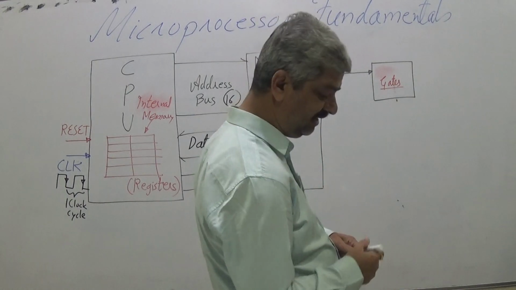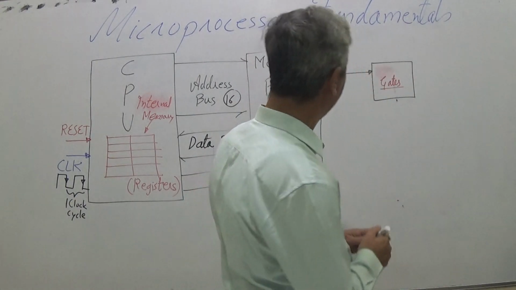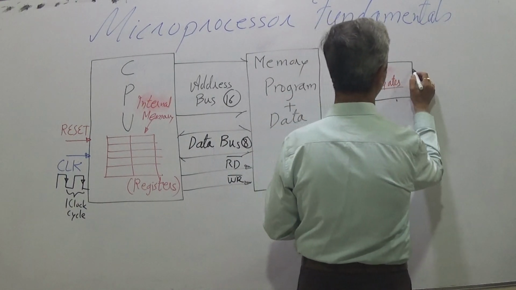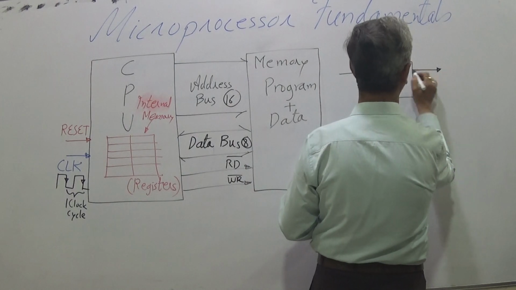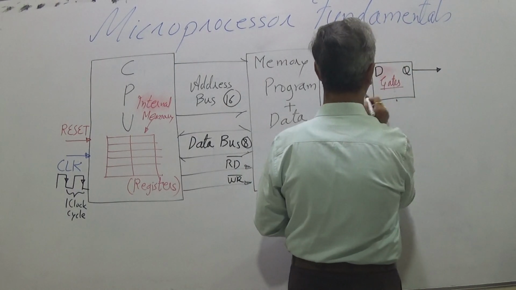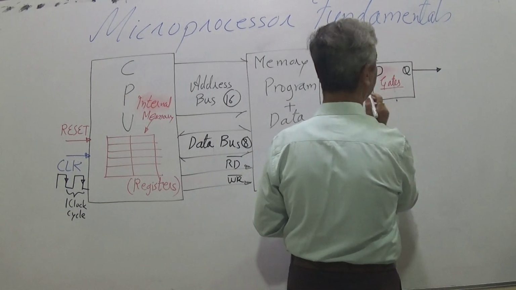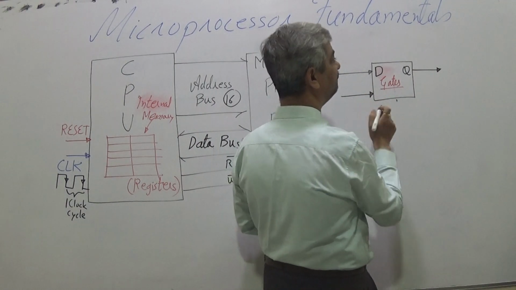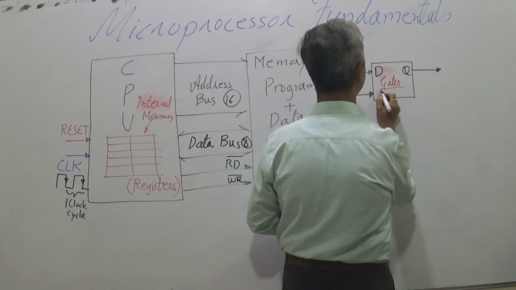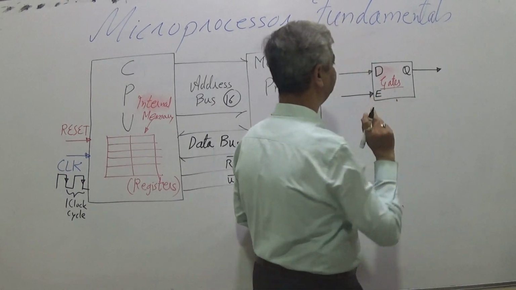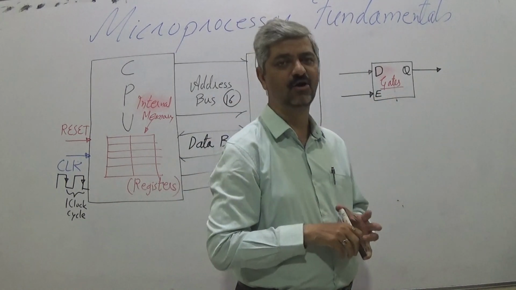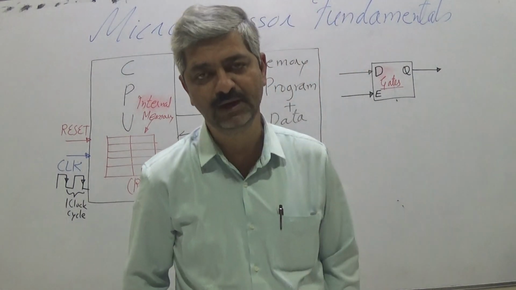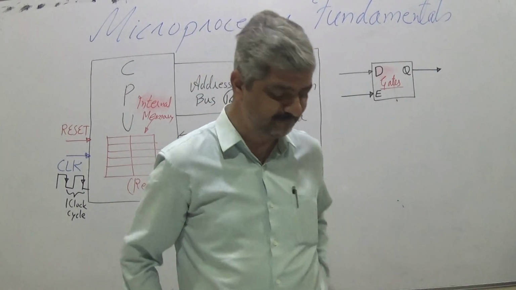This is a flip-flop which has an input pin D, an output pin Q, and another input pin, the latching input, which we call E. This is called a D flip-flop. The working of a D flip-flop is very simple.